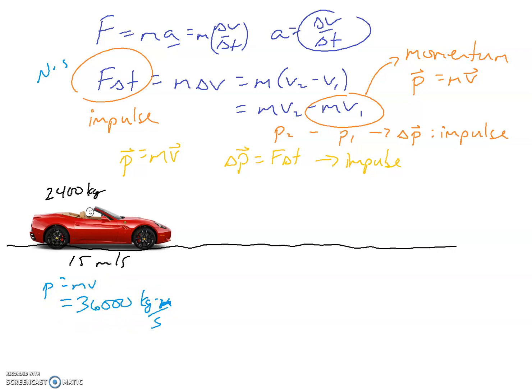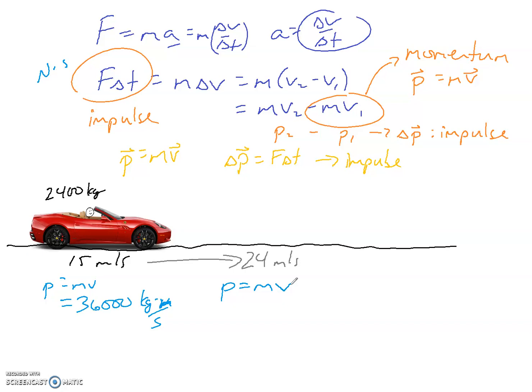So let's change this a little bit. Suppose I speed up, because I am driving a Ferrari, to, let's say, 24 meters per second. Let's see what my new momentum would be. Momentum equals m times v. Now this is a different momentum, so I'm going to use some subscripts.